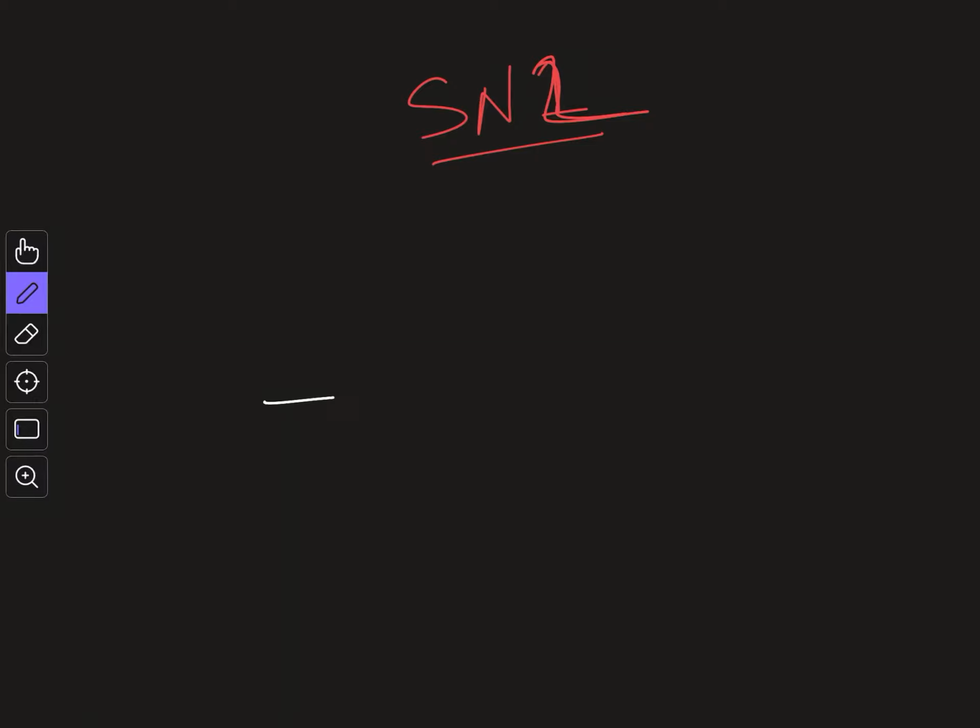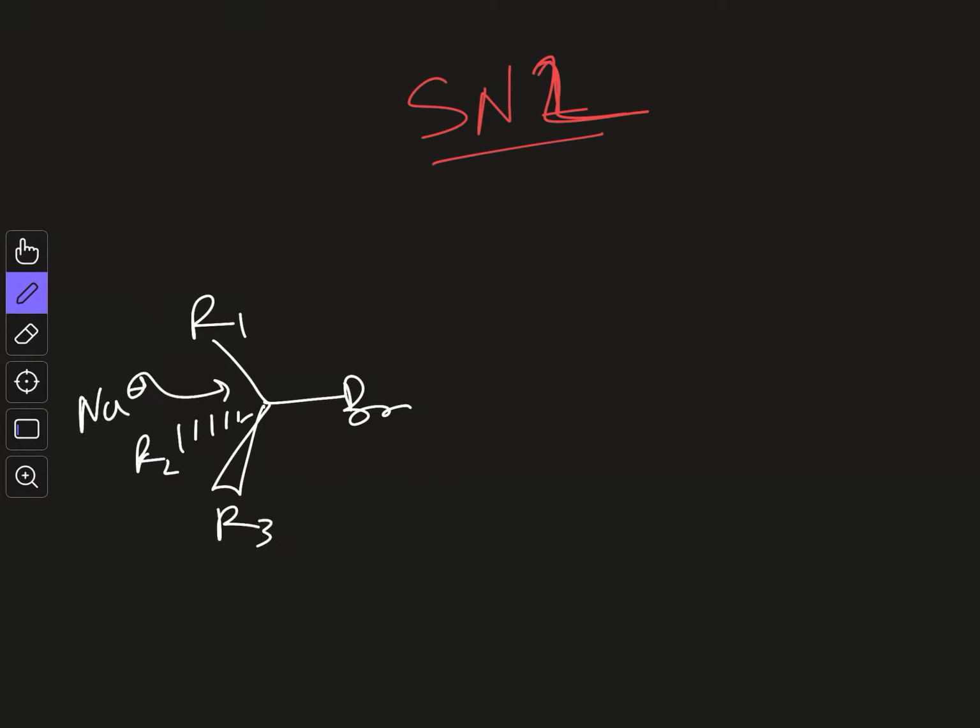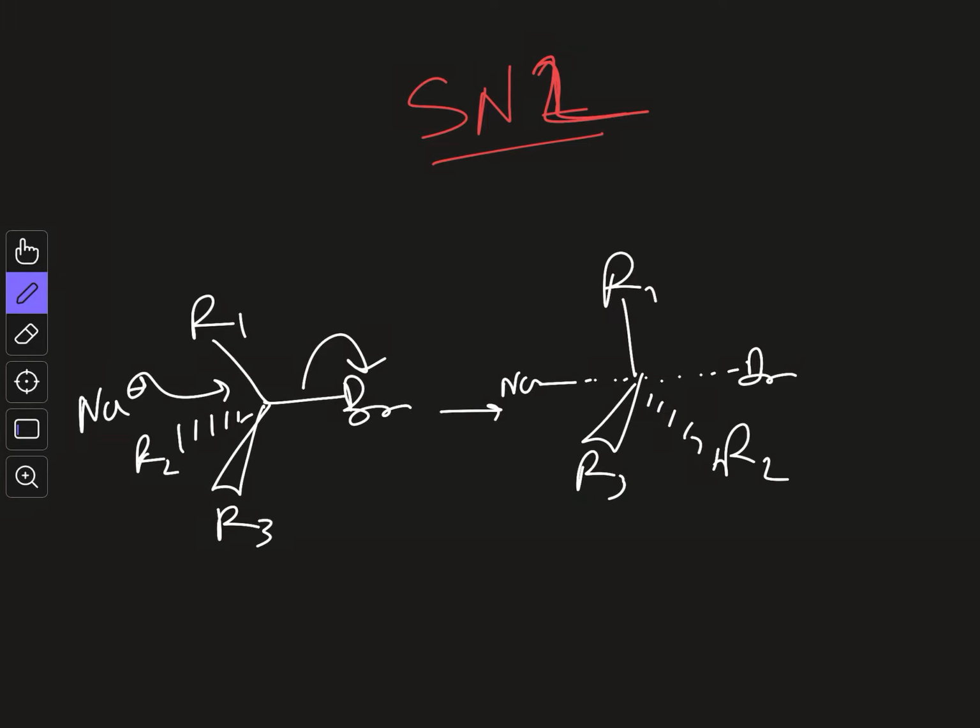So if you have some substrate like this where you have 3 different groups, R1, R2, R3, and if you add nucleophile from the back side, then through the transition state, this is your nucleophile, this is your bromine, this is your R3, this is your R2, and this is your R1.